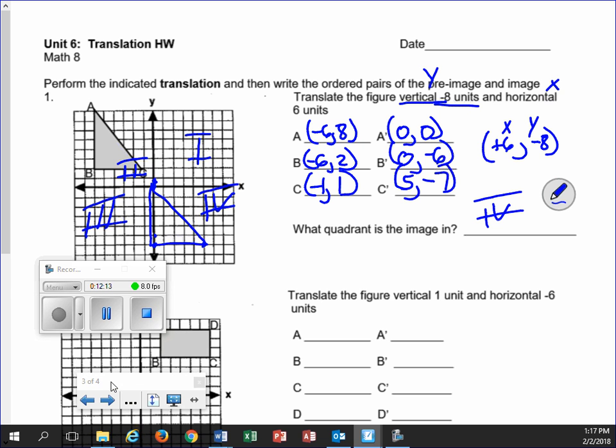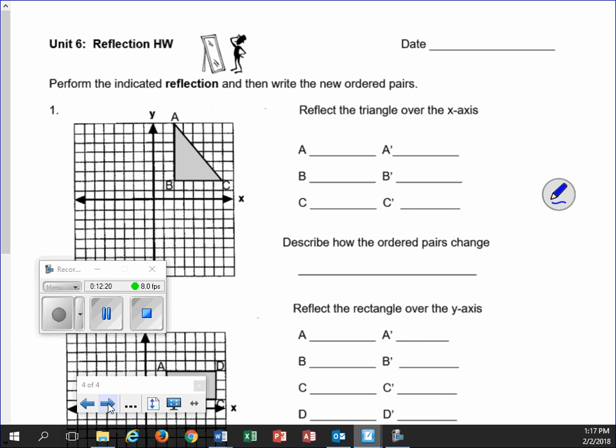The last one will be a reflection, all right? We are reflecting over the x-axis, so that means we're going to change the y. So I could go (x, -y). So A is 1, 2, so that's +2.